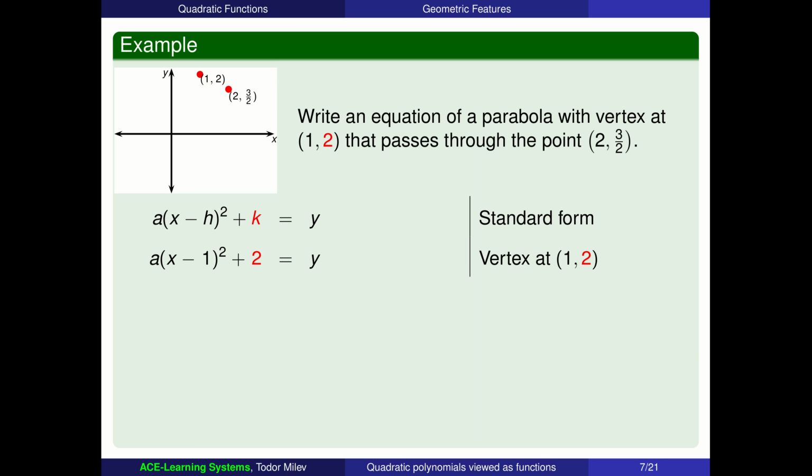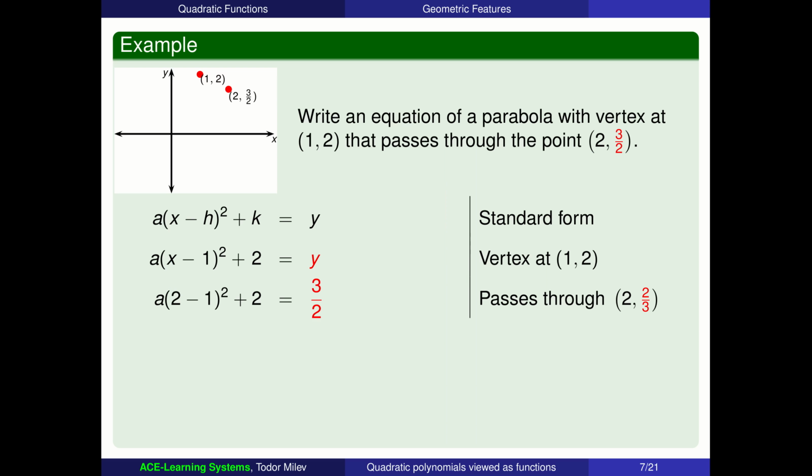Well, if our parabola passes through the point with coordinates 2, 3/2, that means that when I replace the number x with the number 2, and when I replace the number y with the number 3/2, I should get an equality.